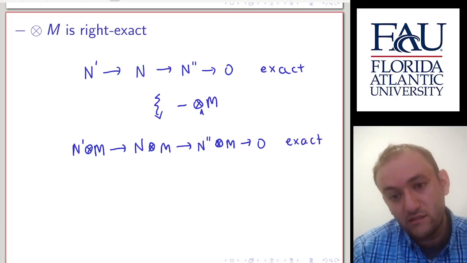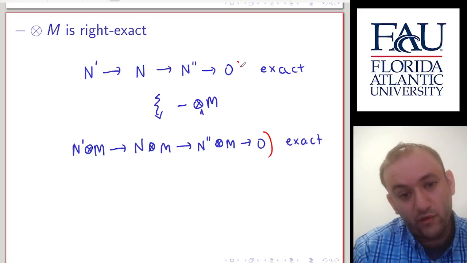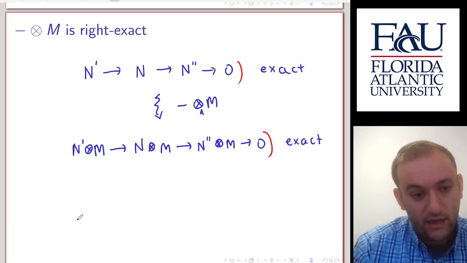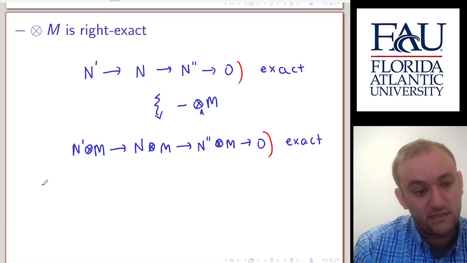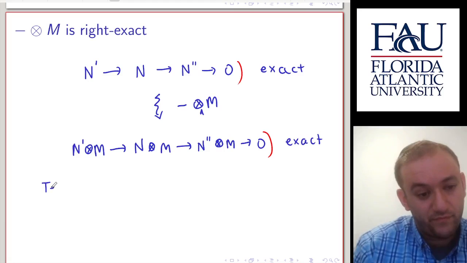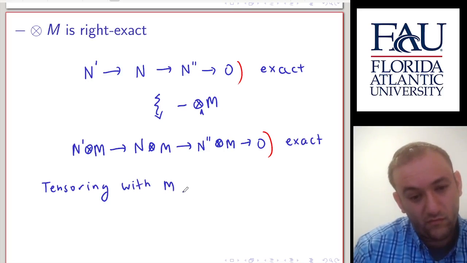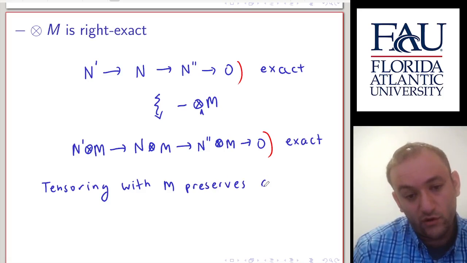Okay, and this is called right exact because we're looking at the right half of a short exact sequence. And what this is telling us is that tensoring with M preserves co-kernels.